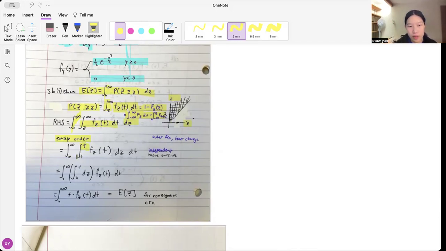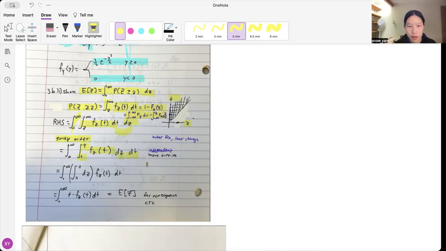So inside here we have the integral from 0 to t of f(z) dz. So we swapped dz and dt, and on the outside we still have 0 to infinity of dt. So basically it's just which way we sum, and the condition slightly changes. I think the easiest way to visualize this is just thinking about it two-dimensionally.